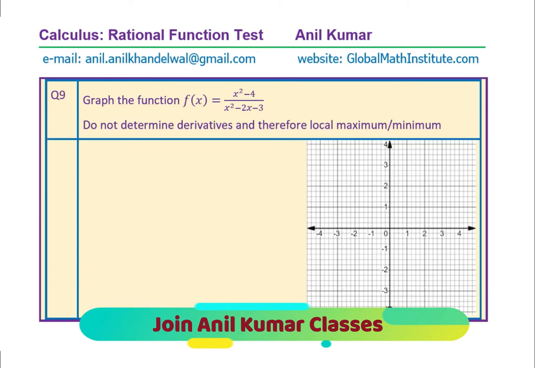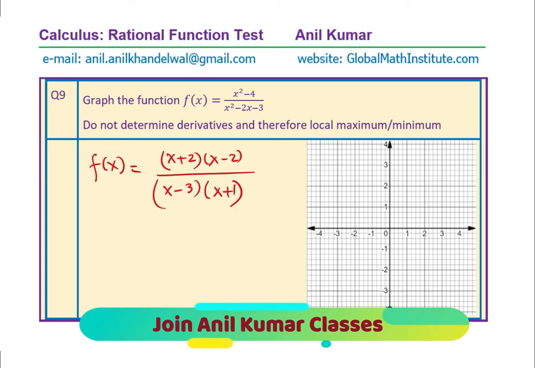Graph this function. Do not determine the derivative and therefore local maximum and minimum. So basically you need to factor this function, right? So we have x squared minus 4, which could be written as x plus 2 times x minus 2. The denominator being x squared minus 2x minus 3, which basically is x minus 3 times x plus 1, correct?